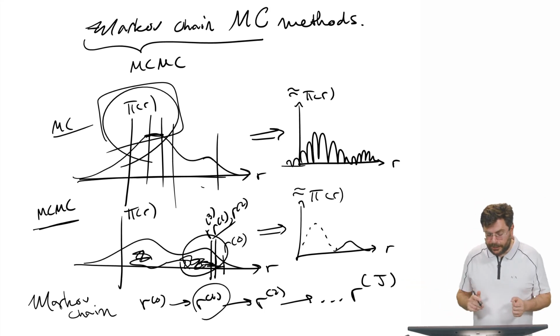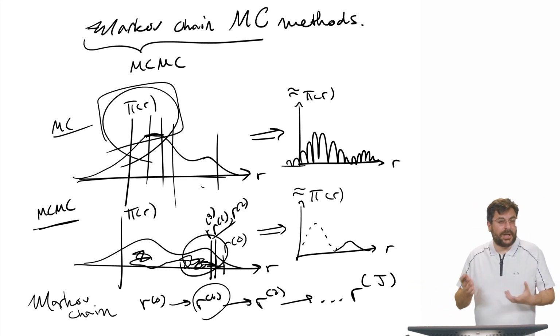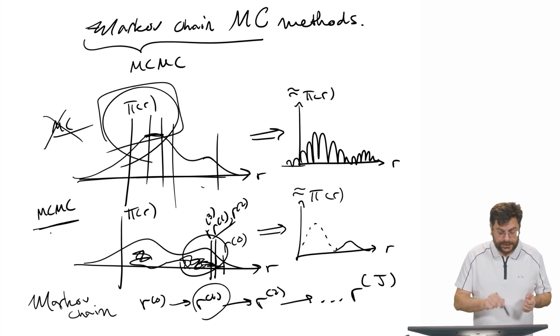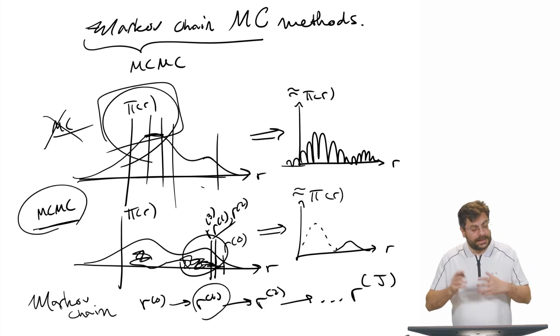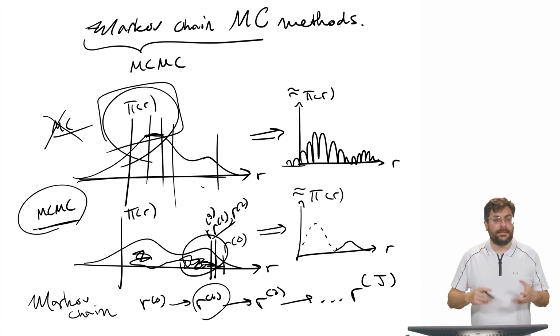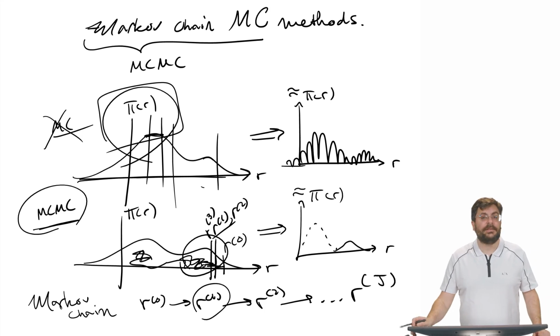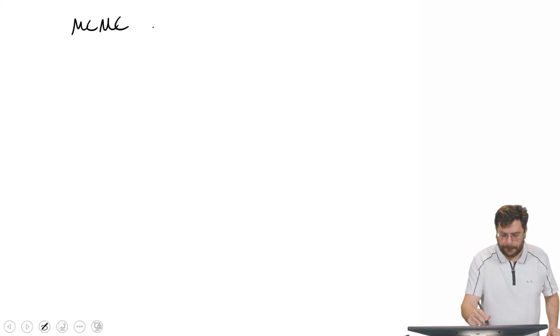So at some level, you have to pick your poison. The idea is that for most complicated examples where you cannot do MC, you will be doing MCMC, and then you'll be thinking about ways of making MCMC very efficient, even for complicated examples. So with that said, I think it'd be a good idea to start discussing some MCMC requirements.